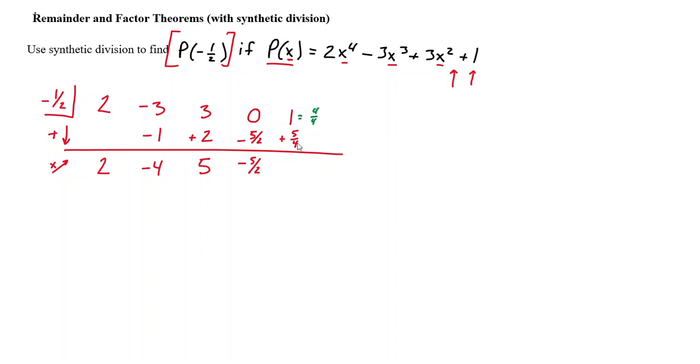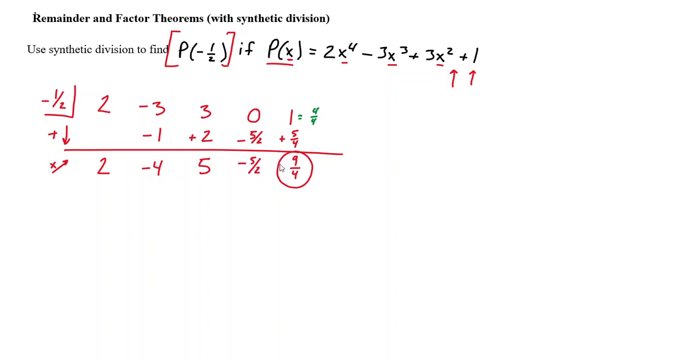So 4/4 plus 5/4 is going to be 9/4. In my opinion, that's probably the most difficult addition and multiplication that we had to do. And there we have it.